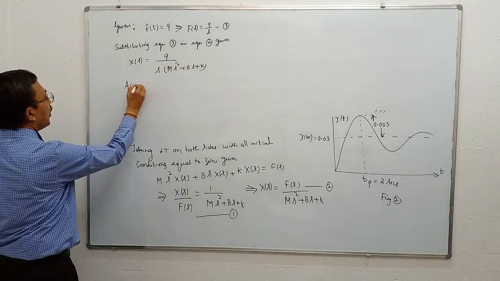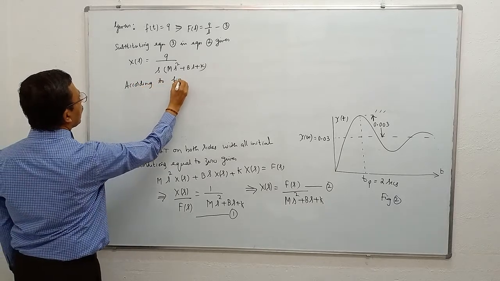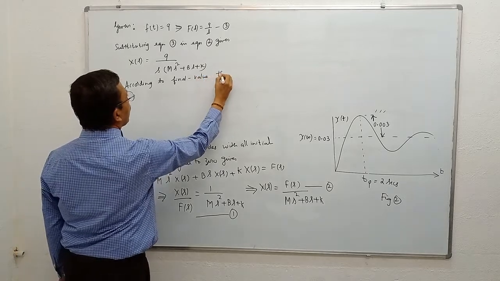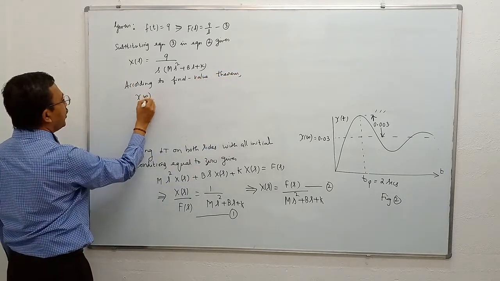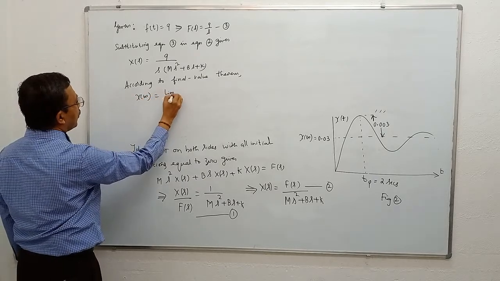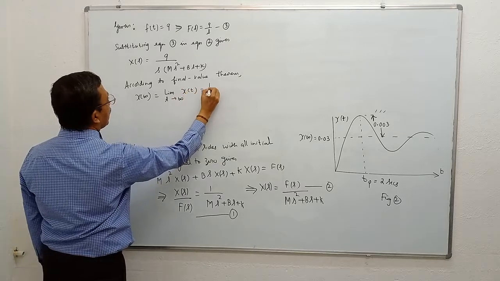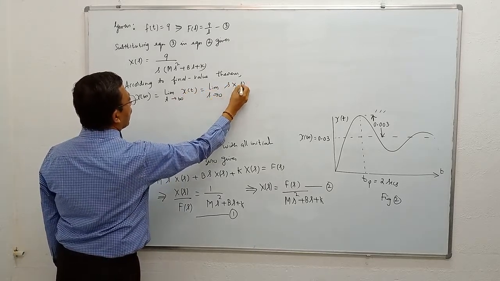According to final value theorem, x of infinity is equal to limit t tending to infinity of x of t, which is the same as limit s tending to 0 of s into x of s.